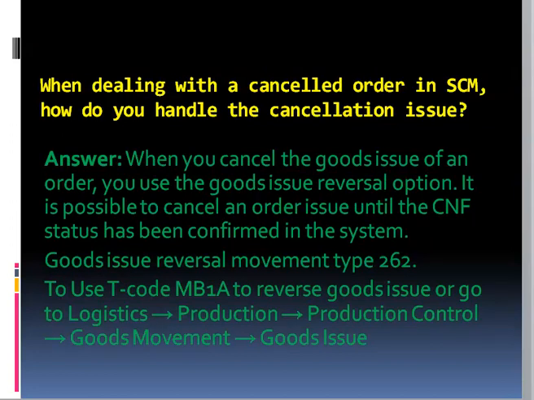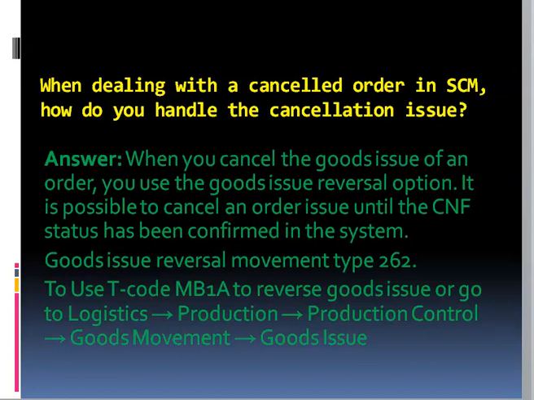When dealing with a cancelled order in SCM, how do you handle the cancellation issue? Answer: When you cancel the goods issue of an order, you use the goods issue reversal option. It is possible to cancel an order issue until the CNF status has been confirmed in the system.